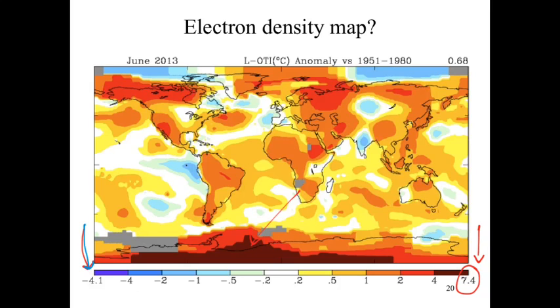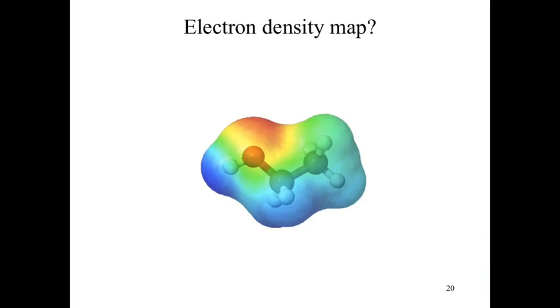But we can use the same kind of idea when we're looking at electrons. If we look at an electron density map, in this case for ethanol, what we're evaluating is where the electron density is located. In this case, that red section means a high area of electron density, and these blue sections mean low electron density. Understanding this does a couple things for us.